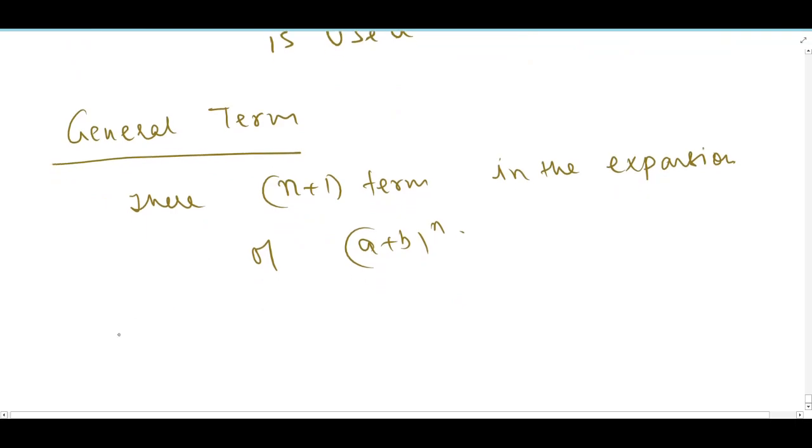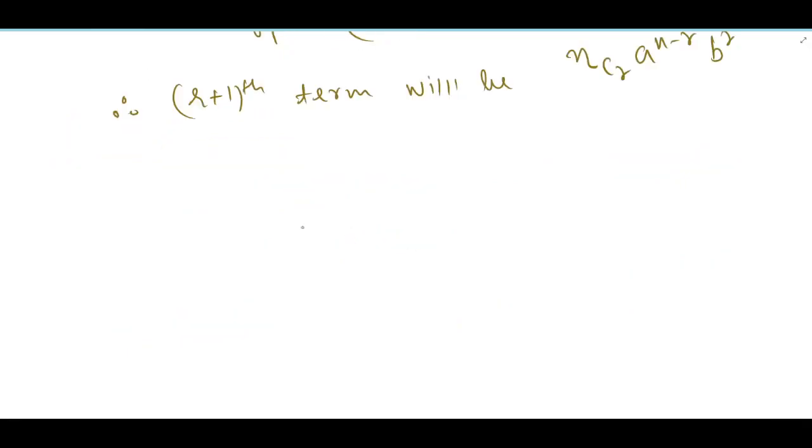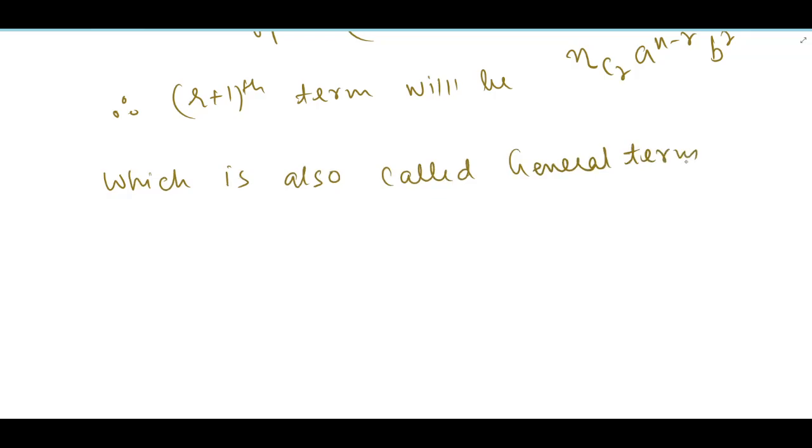So therefore the (r plus 1)th term will be nCr a^(n minus r) b^r, which is also called the general term, and is denoted by T(r plus 1).